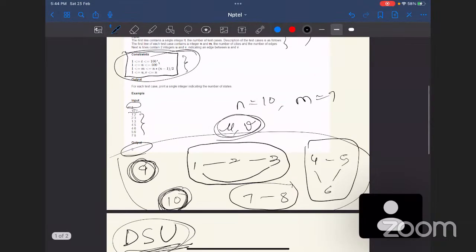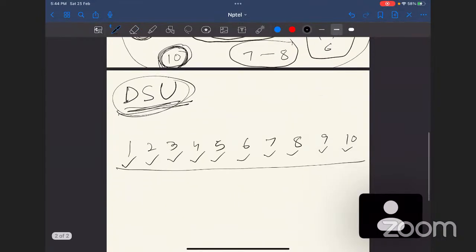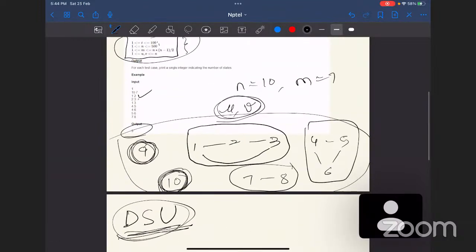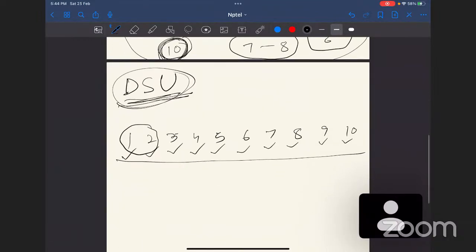But when we add an edge 1 to 2, what happens? We combine these two. Then we add 2 to 3. So what happens? We add 3 to this 1 comma 2. So now these 1 2 3 are connected with each other.